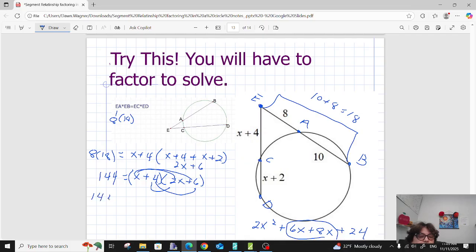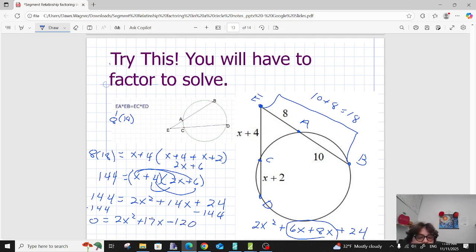So it'd be 144 is equal to 2x squared plus 14x plus 24. I'm going to subtract 144 on both sides. I get 0 equals 2x squared plus 7x minus 120.